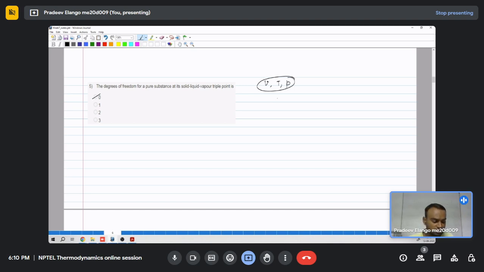For example, if you're asked for the degree of freedom for the saturated liquid line, you can specify a pressure which will correspond to some temperature. So you can have pressure varying from say 1 bar to say 200 bar, and correspondingly you will get a temperature. So in this case you have a degree of freedom of 1.